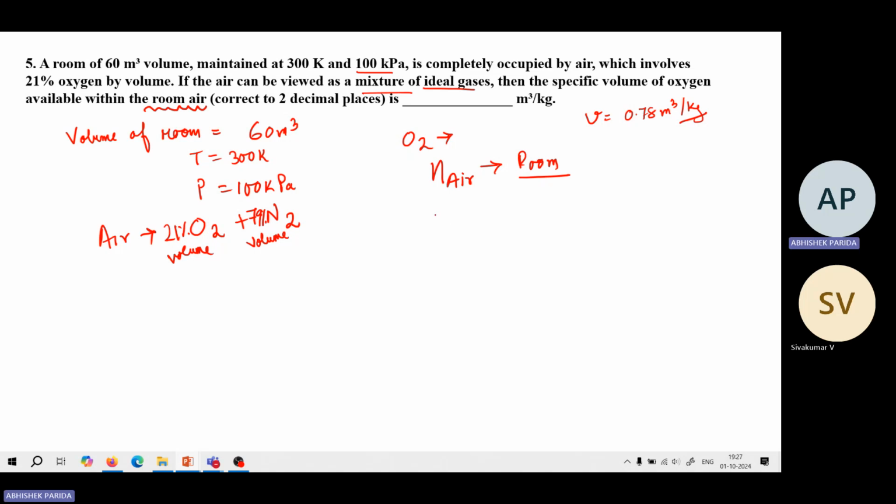So the number of moles of air is: 100 kilopascal, volume is 60 meter cube, N of air into R. R is 8.314. I'm not writing the units; I hope you know all the units. And then it is 300 Kelvin. Now find out what is the mole of air here. Calculate.